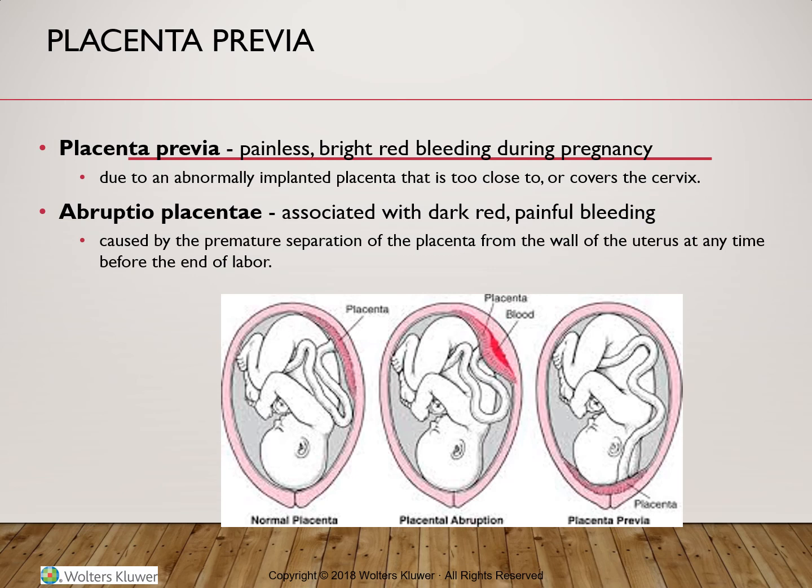Abruptio placentae, or placental abruption, is the premature separation of the normally implanted placenta, with an incidence of about 1% of all pregnancies. The placental abruption happens in placentas that are normally located. However, they prematurely pull away from the uterine wall, either during pregnancy or before the end of labor.